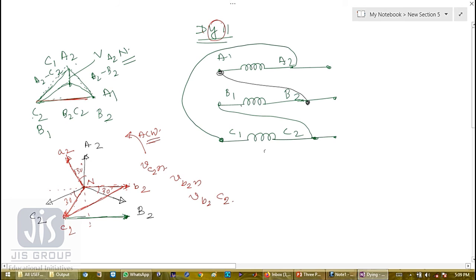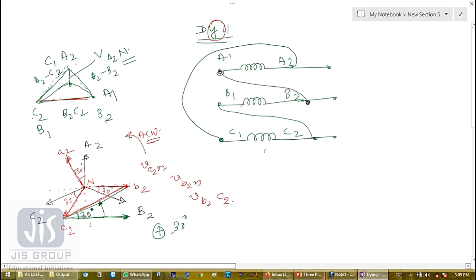Okay. So there exists a 30 degree leading position. If you want to catch that secondary phasor, you have to move 30 degree anti-clockwise. So that's why it is plus 30 degree of leading position.